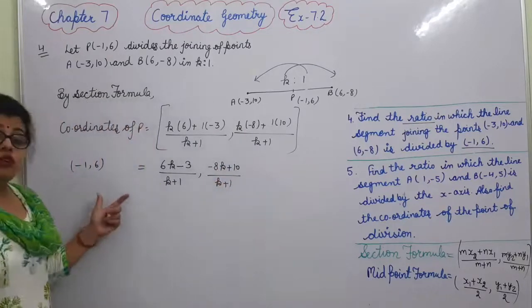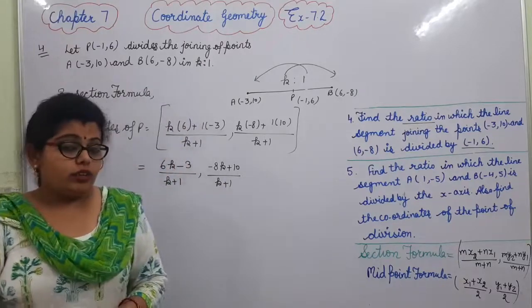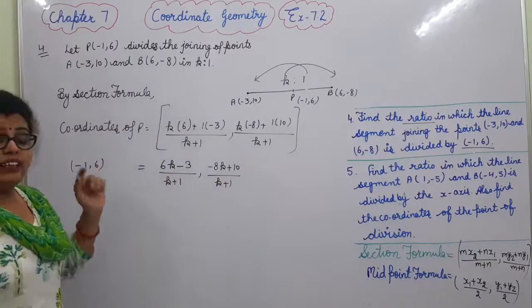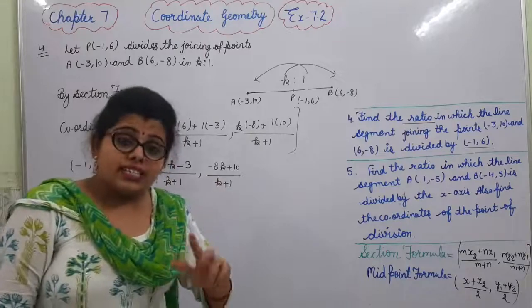Now dear students, from here we have to find the value of k. How will we find the value of k? We will compare the coordinates of the x axis and y axis.